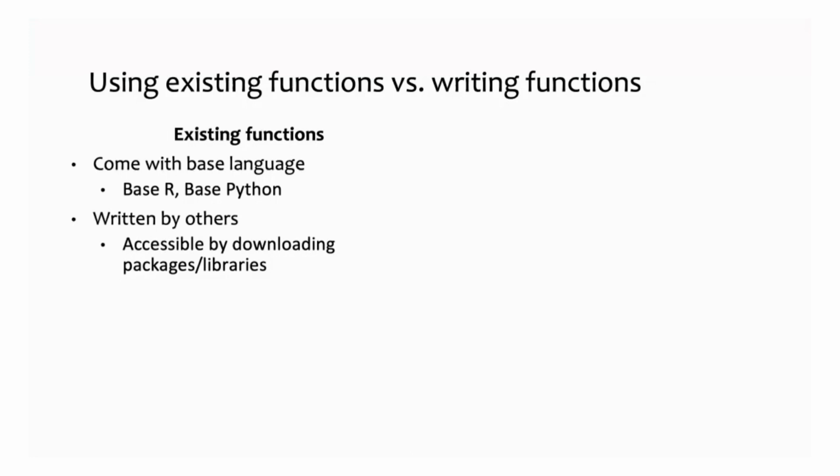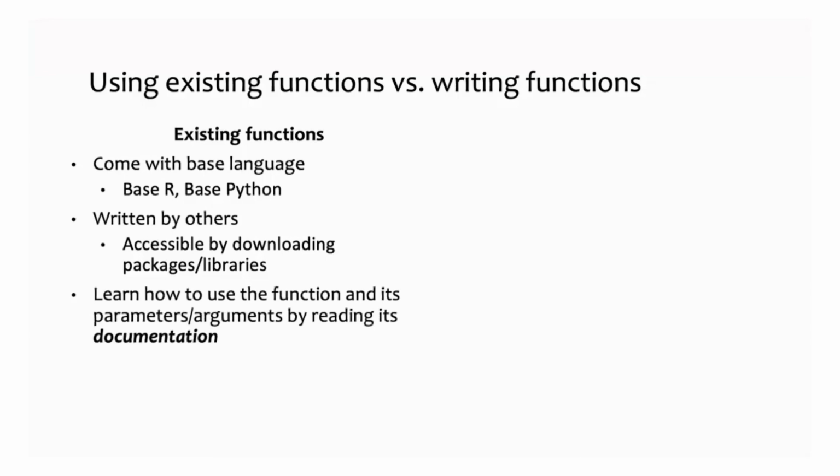So if you can imagine it, someone probably has written a function for it or has created a package that has lots of related functions in it that you can download and then use. So those don't come with base R or Python, but they're very easily accessible. And we will be showing you how to download packages and libraries in the next lecture.